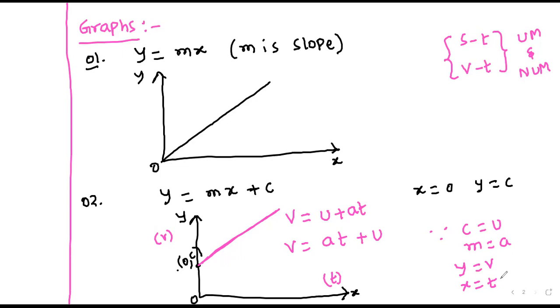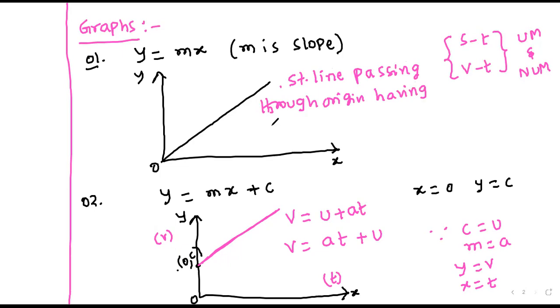So here the shape of the graph is a straight line passing through origin, having positive slope. Here m is positive now. Afterwards you'll have negative slope also.